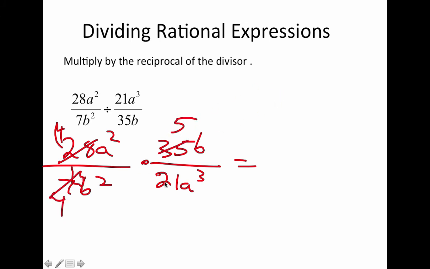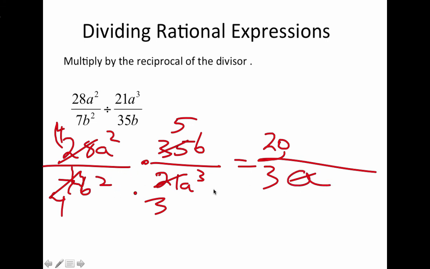This is 5 over 3. So I have 20 over 3. A squared over a cubed. I get an a on the bottom. B over b squared. I get a b on the bottom, and we're done.